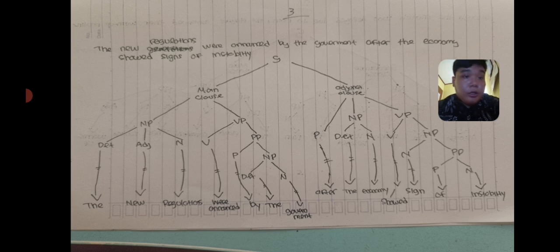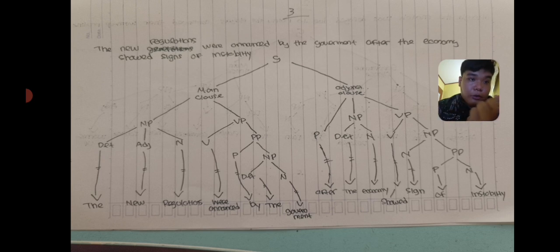And go into the adjunct clause. The adjunct clause we're gonna divide into three parts, which is the preposition, the noun phrase, and the verb phrase. The preposition is after, and the noun phrase has determiner and noun. The determiner is the, the noun is economy. In verb phrase, the verb is shows.